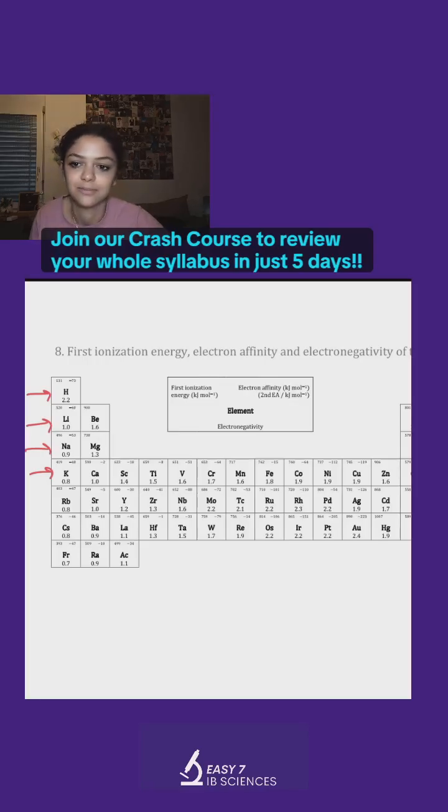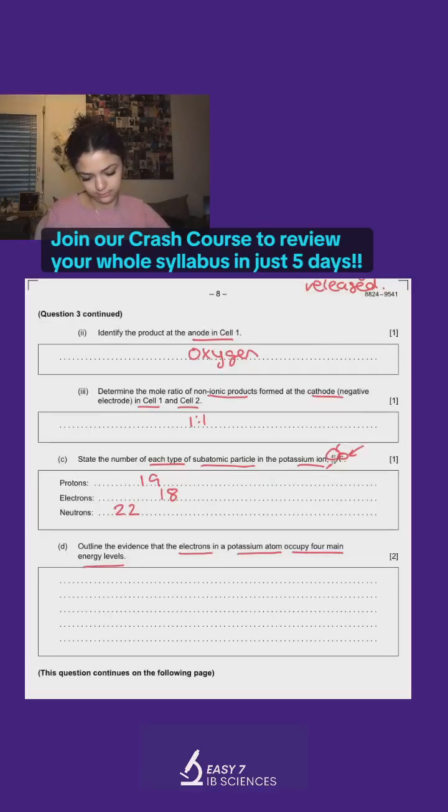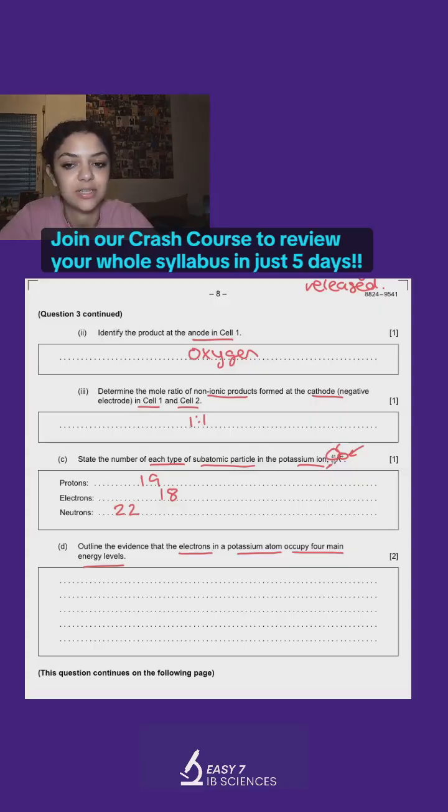Give you a hint. Good. Someone mentioned the successive ionization energies. Good. Exactly, it's in period 4, so I know that it occupies exactly 4 energy levels.